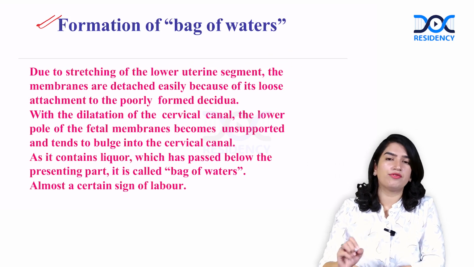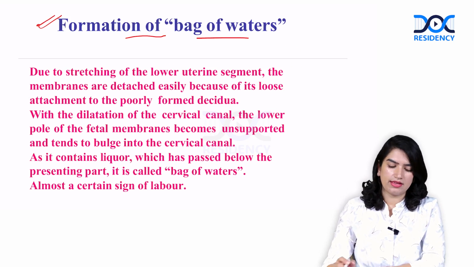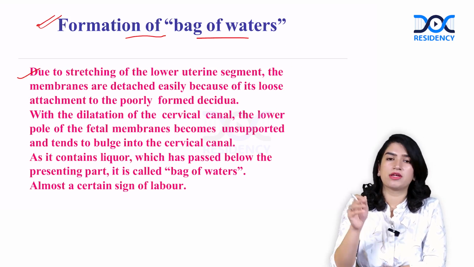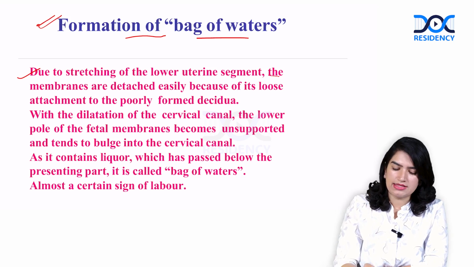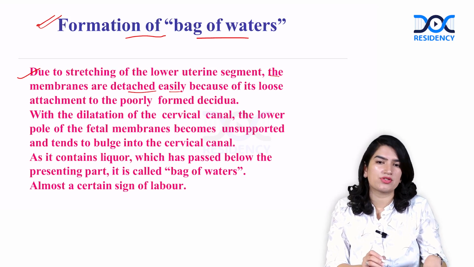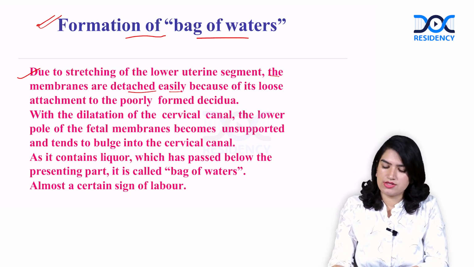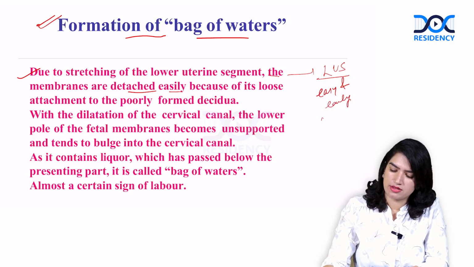The next sign of true labor pains is formation of the bag of waters. What happens? Because of stretching of the lower uterine segment, the membranes are detached easily because they are poorly and loosely attached to the decidua. So, in the lower uterine segment, there is an easy and early detachment of the fetal membranes.